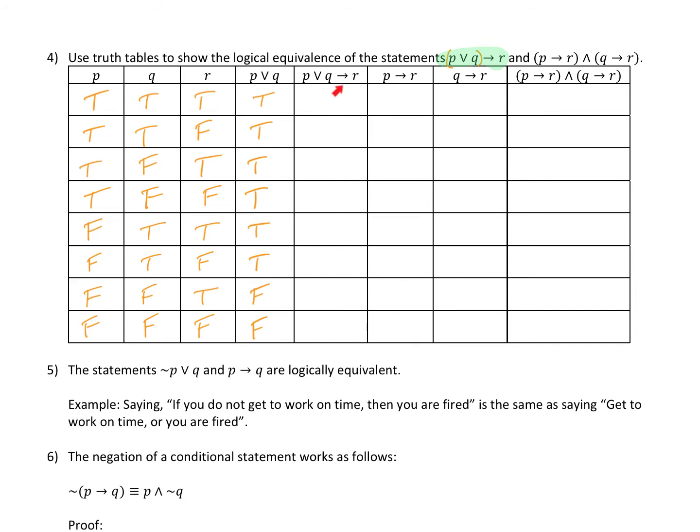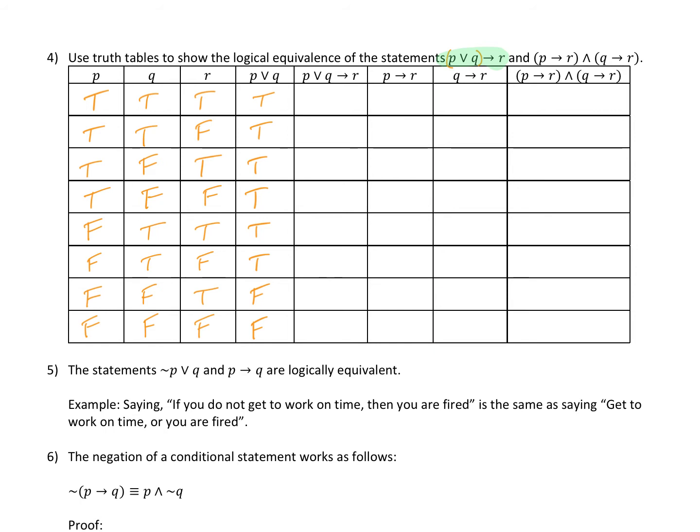So remember, for an implication, the only way you get a false is if you have true, false. If this is true and this is false. That's the only way to get a false. So I'm going to look for true falses and put in a false. Okay, so this is true, true, true, false.